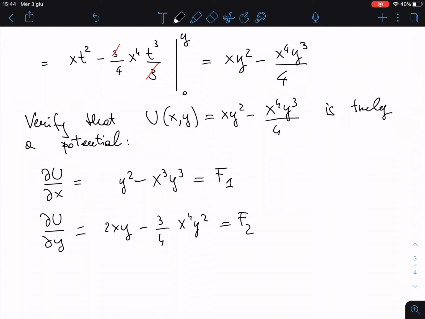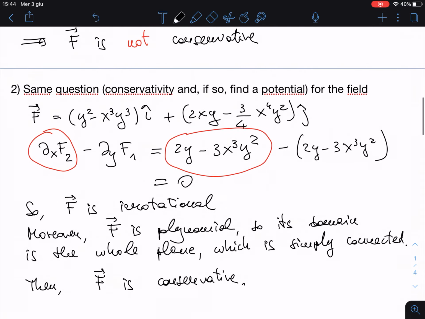So this is truly a potential. Okay, so this is in general how you solve an exercise like that.